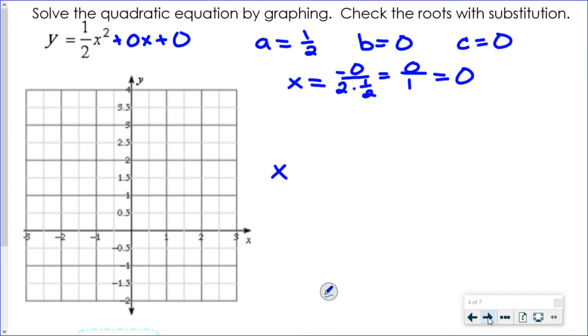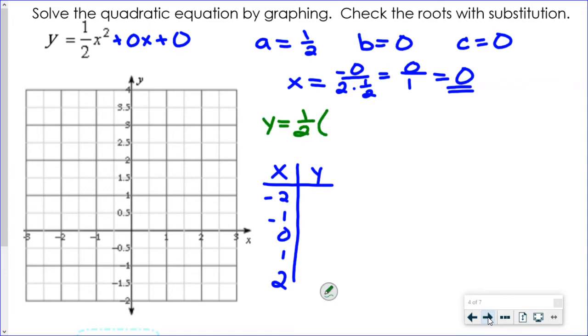So again, that helps me make my table. Okay? So I know this is the axis of symmetry, so it goes in the middle of my table. So now I'm going to plug that into my equation, and it's really easy this time.